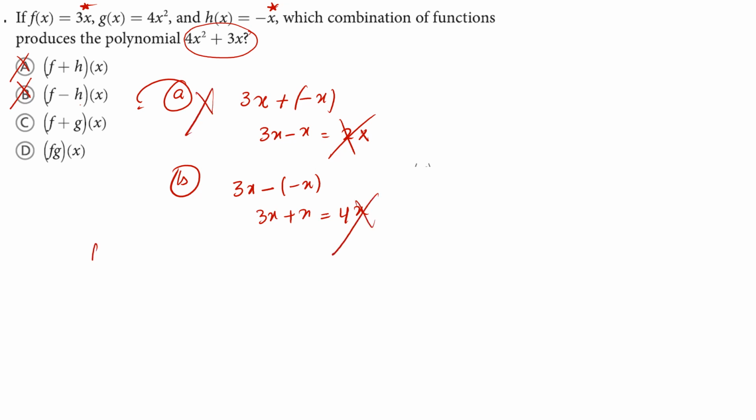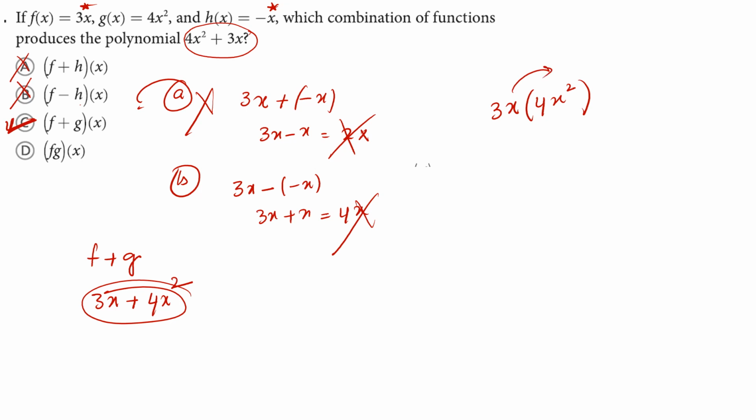Now C is f plus g. So f is 3x and g is 4x square. So yes, 4x square. So yes, this is my answer. But now let's check f times g. So f is 3x and g is 4x square.